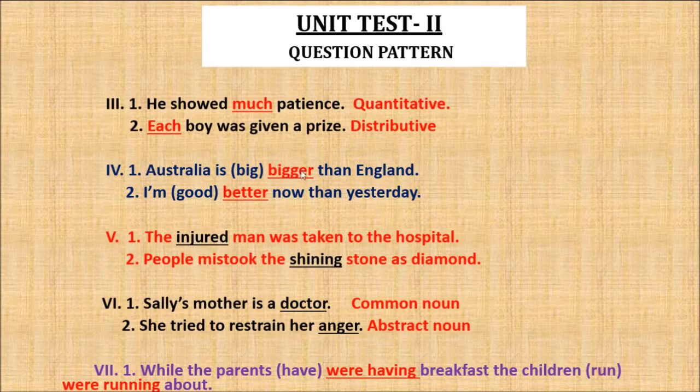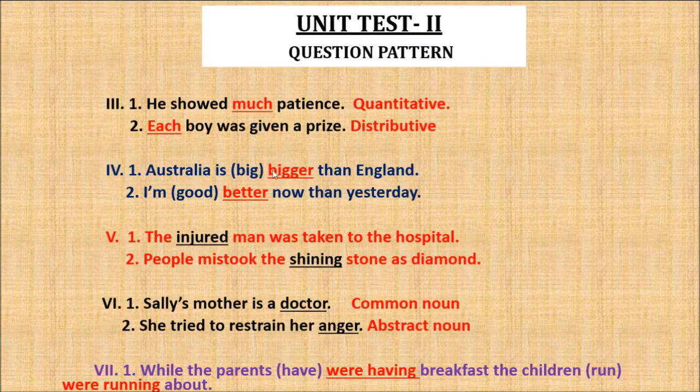But when we are comparing Australia with two or three countries, Australia is dash than a group of countries, when we are comparing one country with many countries, it will become biggest. Superlative, est we will add. This is how you have to identify whether it is positive, comparative or superlative.